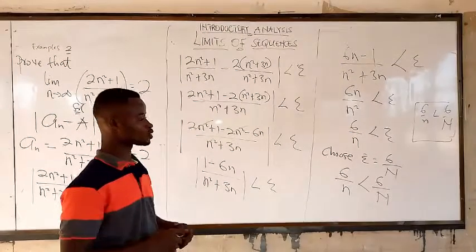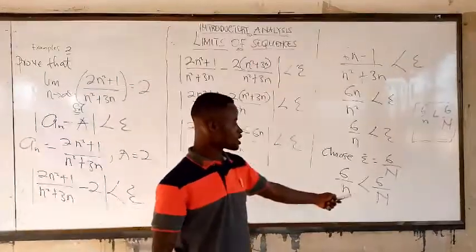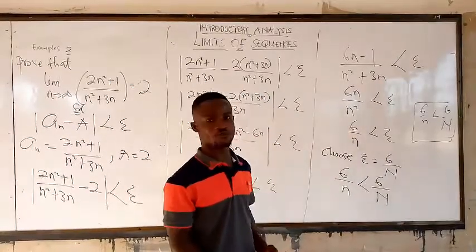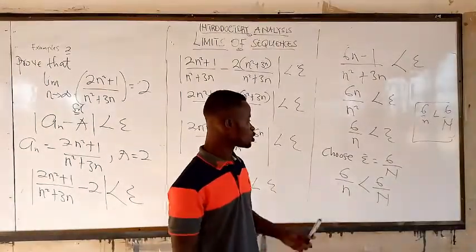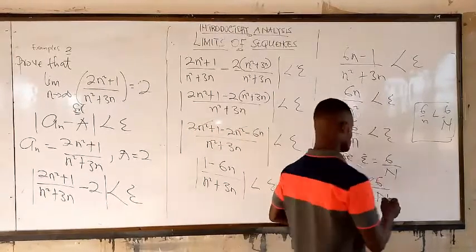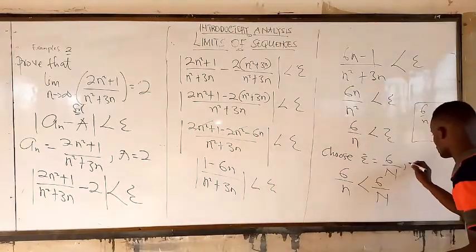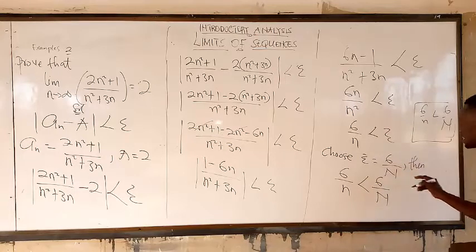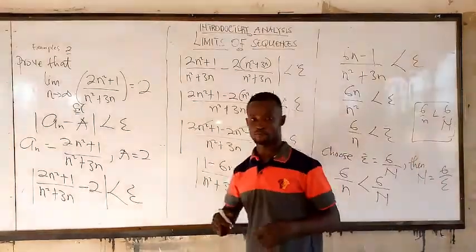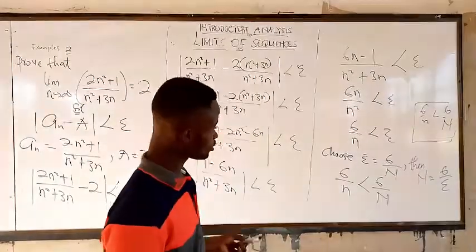Very good. Now, if this is true, then we can do the substitution of what? The capital N. Because if epsilon is equal to 6 over capital N, then capital N will be equal to what? 6 over epsilon. Yes. That is so.